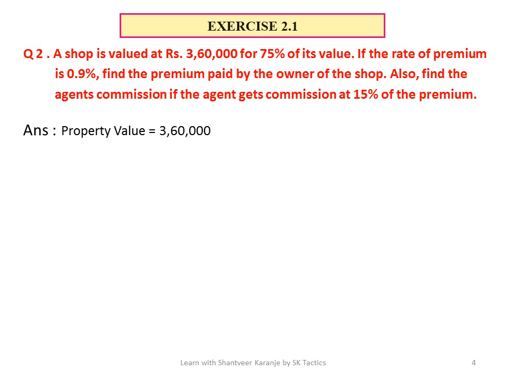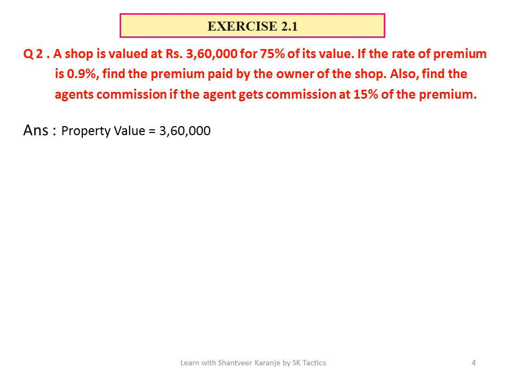If the rate of premium is 0.9%, find the premium paid by the owner of the shop. Up to this point, the answer can be obtained exactly as in the previous question. Also find the agent's commission. Here the extra portion is to find the agent's commission when it is 15%.